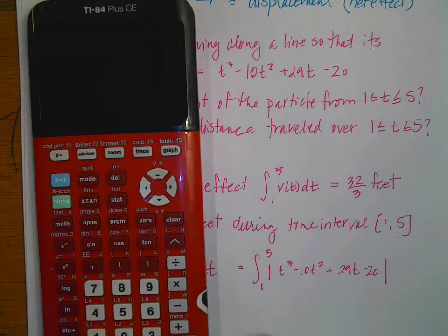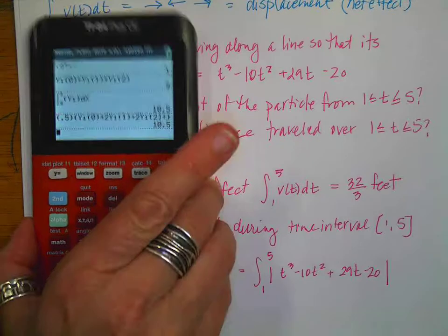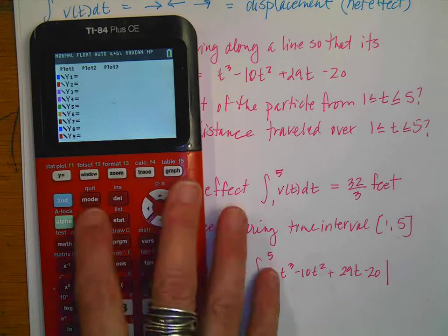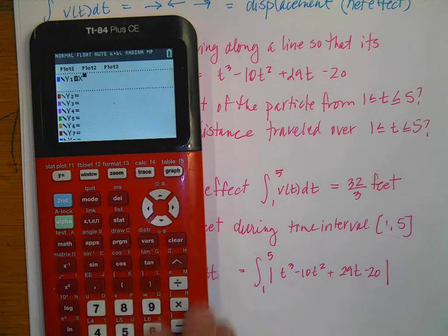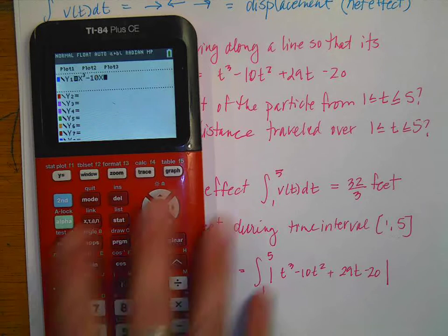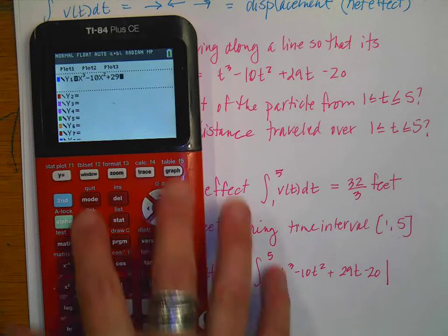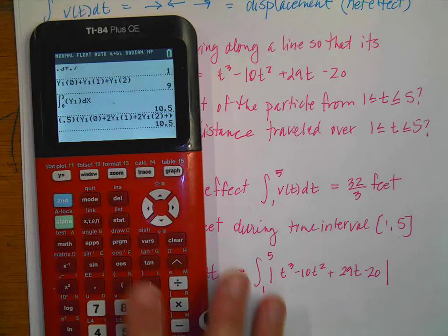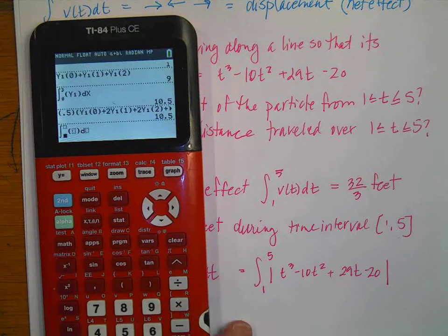Let me show you what I think is a more efficient way to do it. I'm going to go to my grapher, and I'm going to enter x to the third minus 10t squared plus 29t minus 20, and then I'm going to quit.